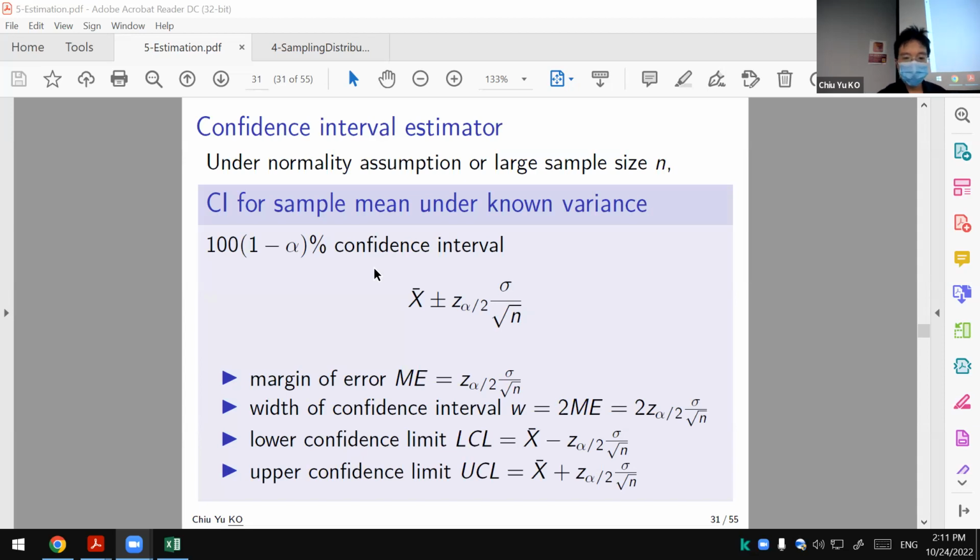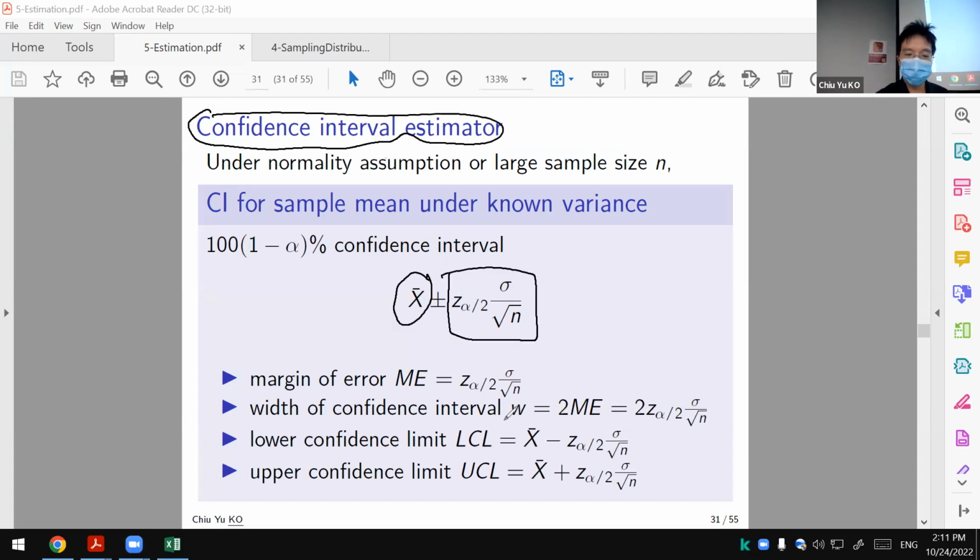Okay. So this is what we call the confidence interval estimator. We just start from the sample mean, and you will have this guy we just covered, and this m is called the marginal error. It's a definition, right? Because from X bar, you go left and right. That's ME.